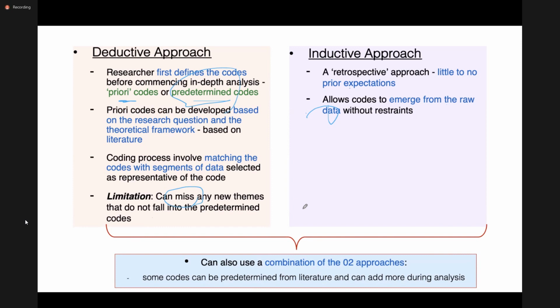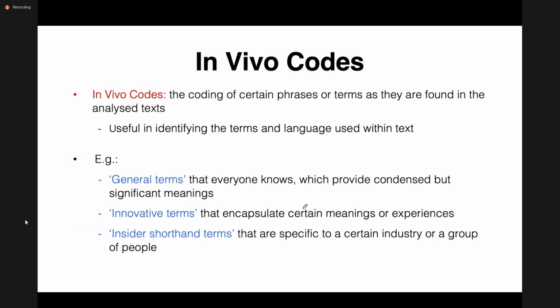So anything that's not matching with your predetermined list of codes, any new things that your interviewees mentioned, you assign them a new code during the analysis. Is that clear?